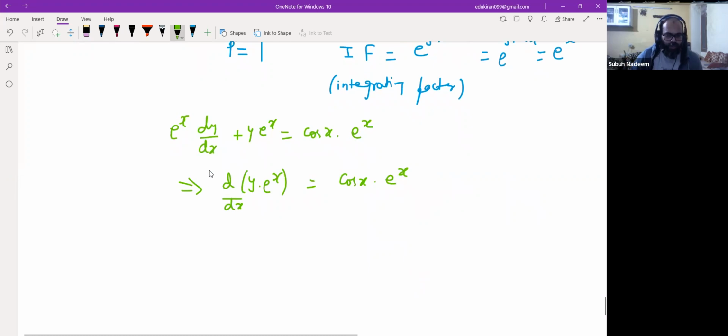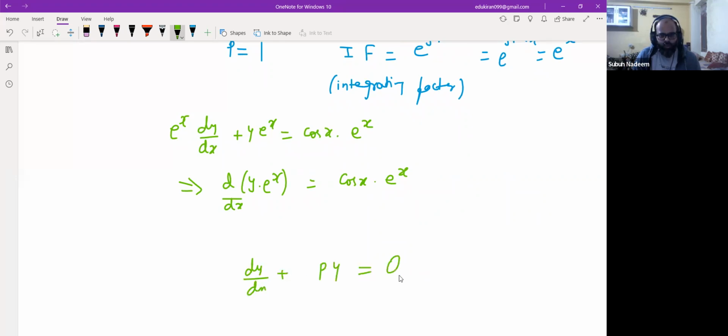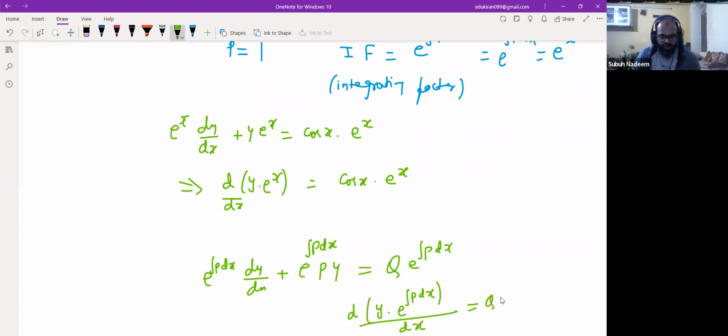This is what happens when you multiply with the integrating factor always. Whenever you have dy by dx plus Py is equal to Q, and you multiply with e to the power integral of P dx, which is the integrating factor, on both sides, the left hand side becomes the derivative of y into e to the power integral of P dx with respect to x, is equal to Q e to the power integral of P dx.